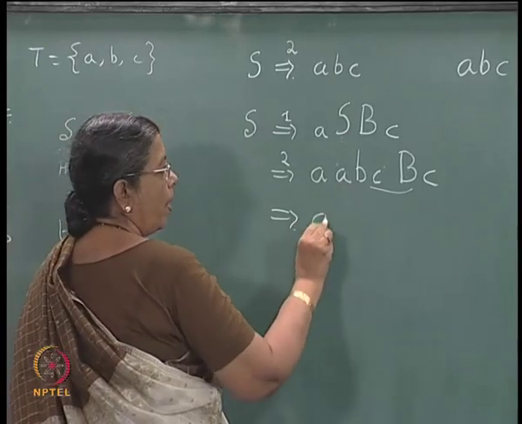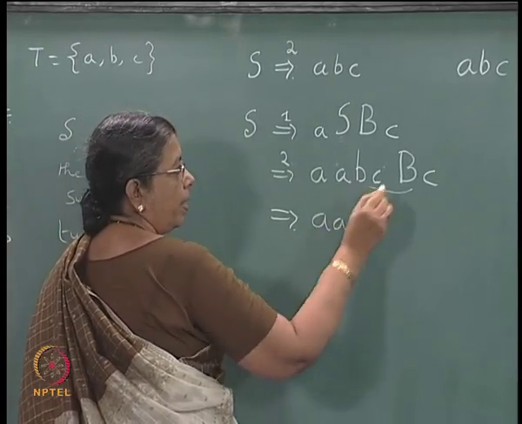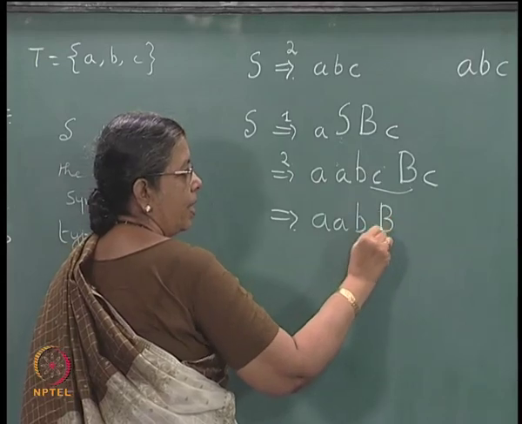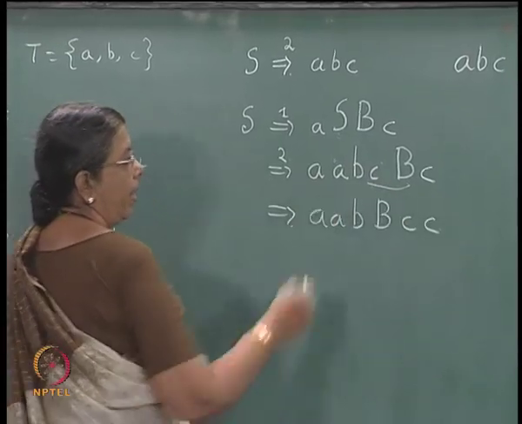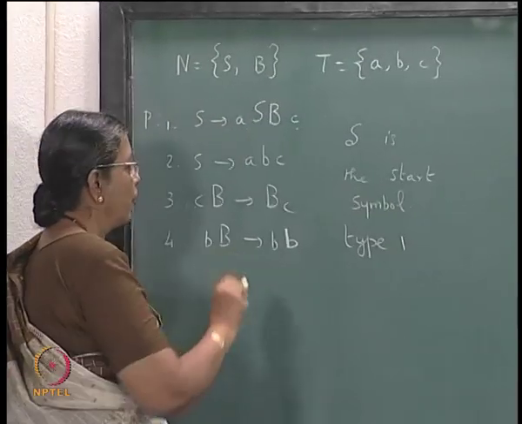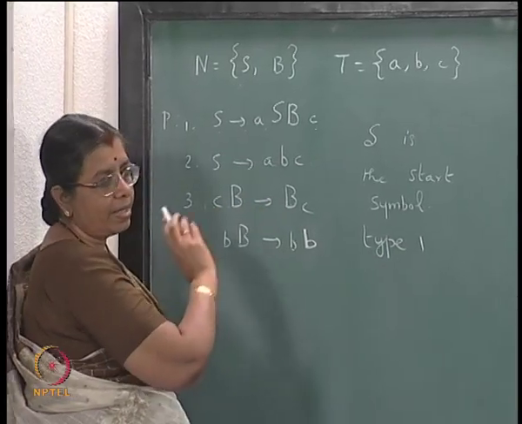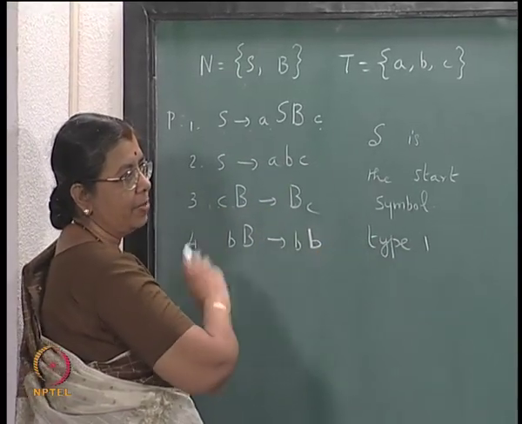So, this CB becomes BC. The idea of this rule is to bring all the C's to the right and the capital B's to the left.